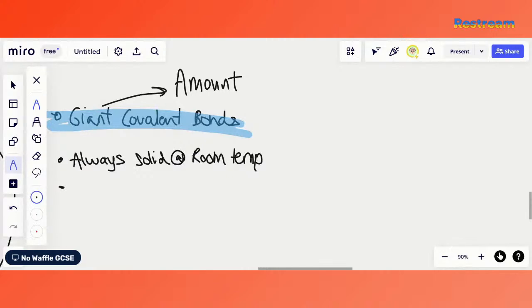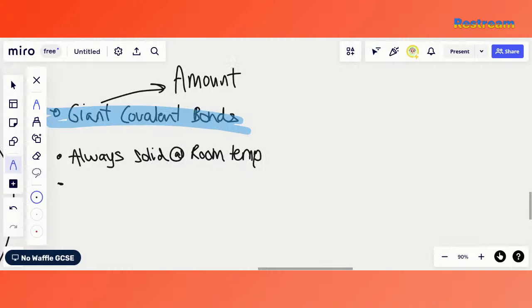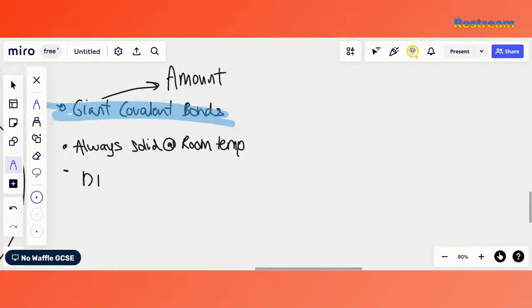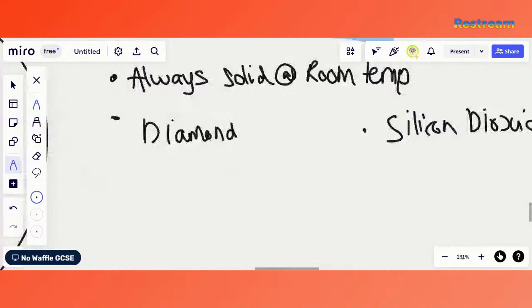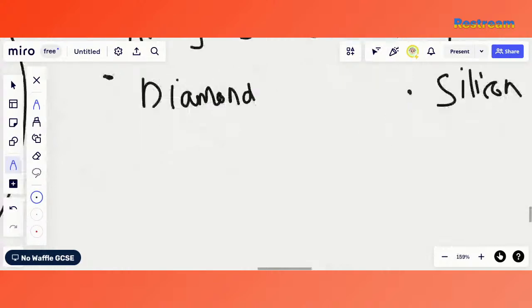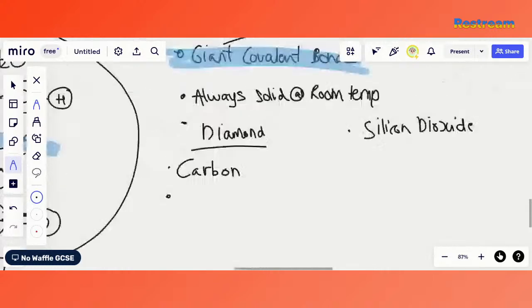And there are 3 key giant covalent structures that you need to know. So the first one is diamond. Then it's silicon dioxide, which is also known as sand. And finally, graphite. So, in terms of diamond, diamond is formed from the element carbon, which, as we know, firstly meets the criteria of being a non-metal.